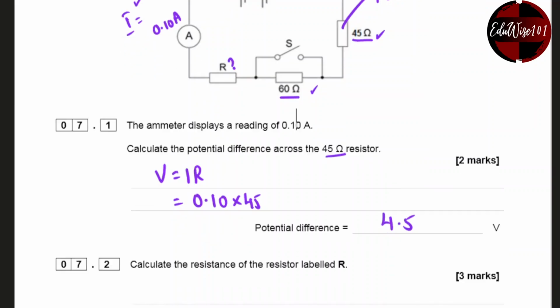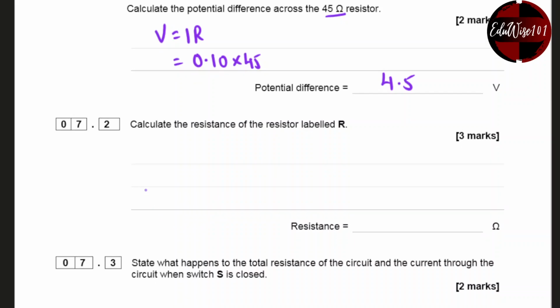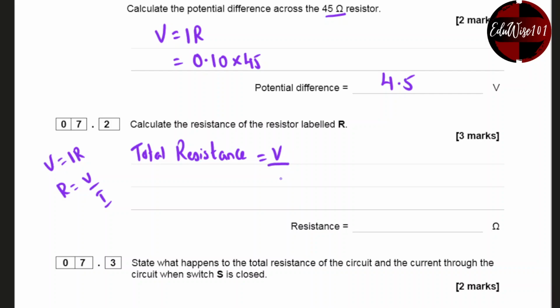So for 3 marks, the total resistance, right? We're still going to use V equals IR. If I rearrange the equation, R equals V over I. So the total resistance is the potential difference in the circuit divided by the current in the circuit.